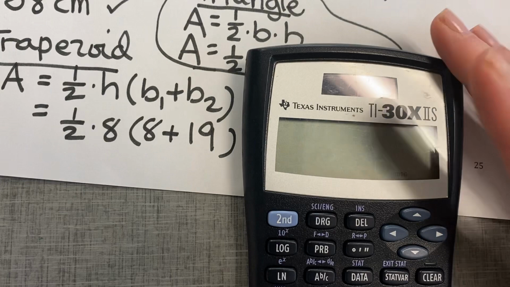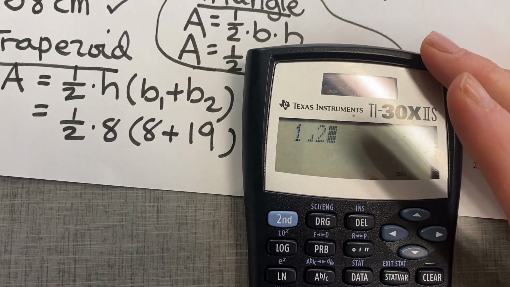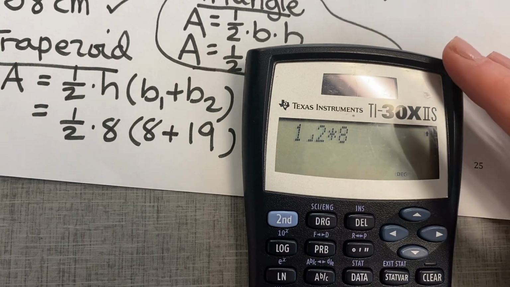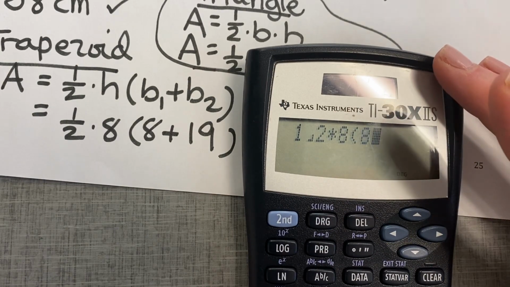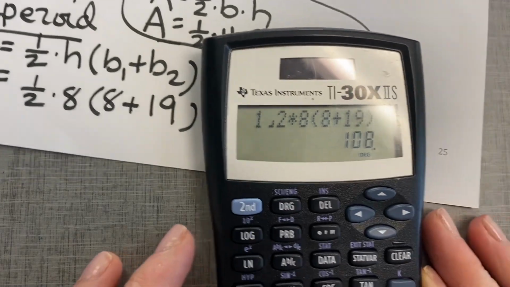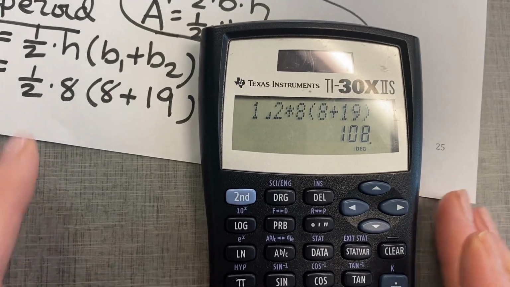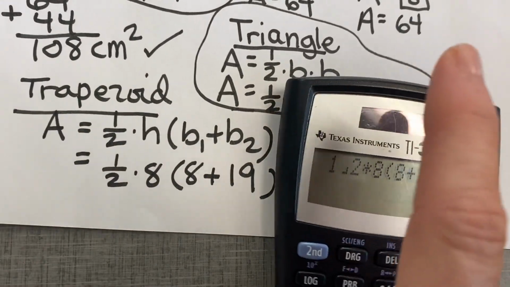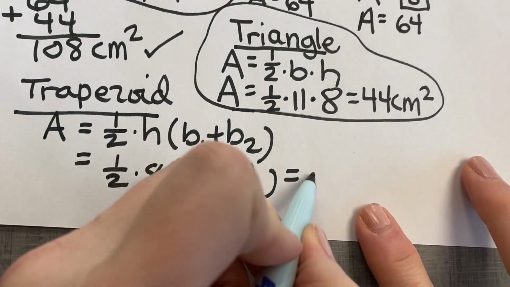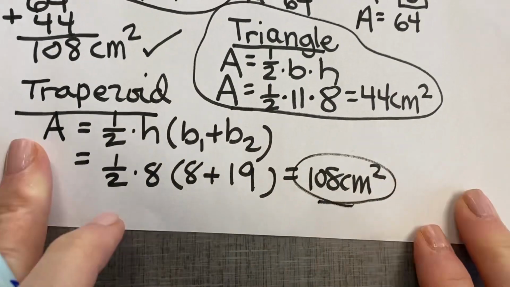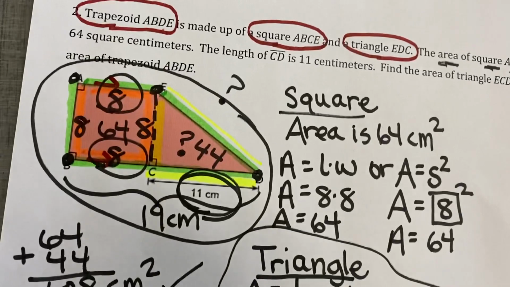So 1/2 times 8, times open parentheses, 8 plus 19. And look what you get, 108, which is exactly what we got here. So either way you want to do it is fine. Okay, very good. Thanks for watching.